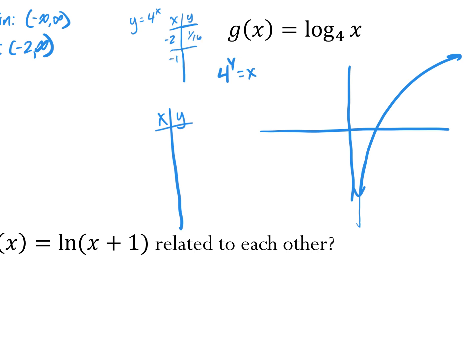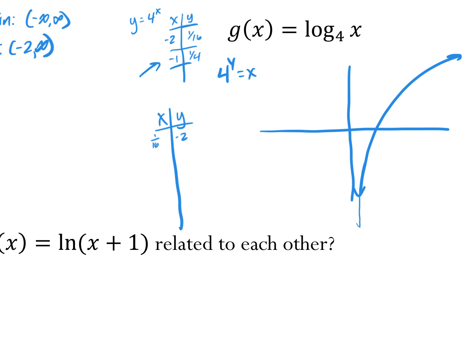If I plug in -1, I get 1/4. And since these are inverses, for every x I can put here is a y I can put here. So if negative 2, 1/16 is on y equals 4 to the x, that means its corresponding point for the logarithm would be 1/16, negative 2.